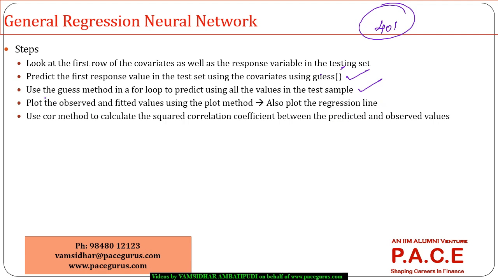And based on that, either I can use a scatter plot to do the plotting part, or I can use the correlation squared to get the R squared value between the predicted values and the actual values. And based on that, I can very well talk about the efficiency of this particular neural network for the numerical value prediction.